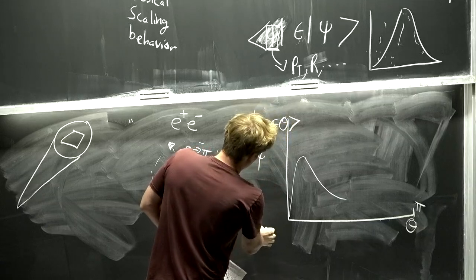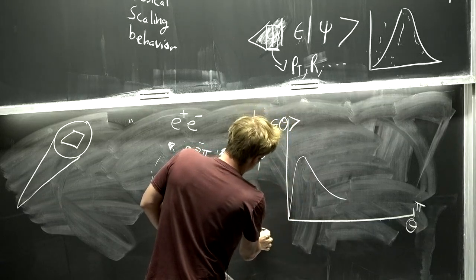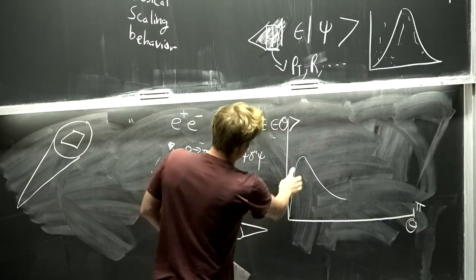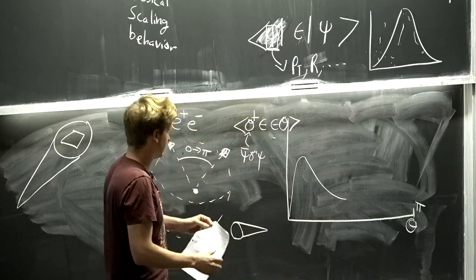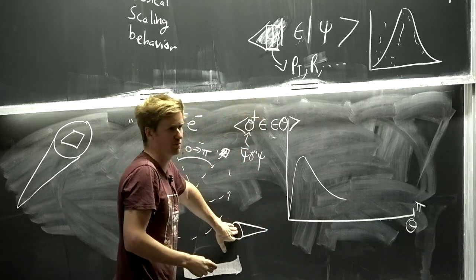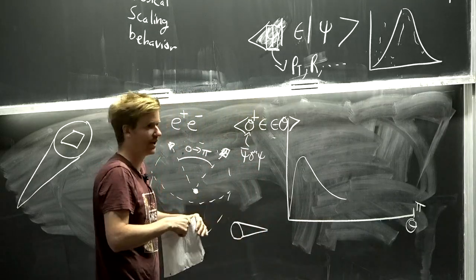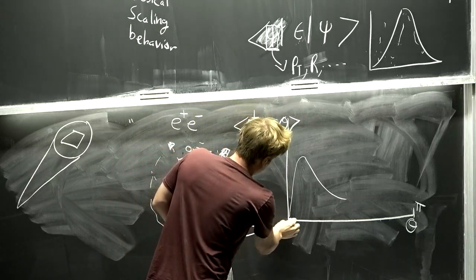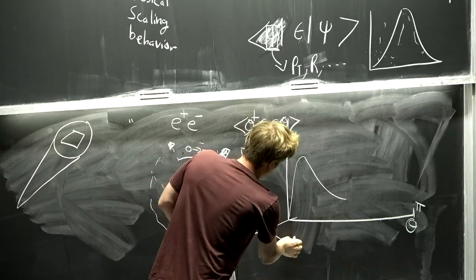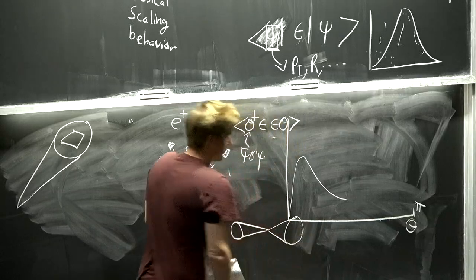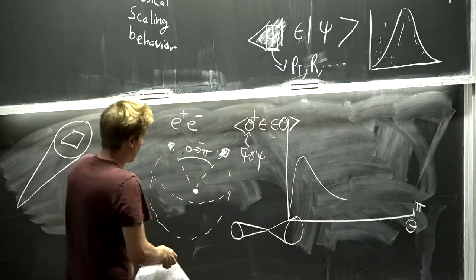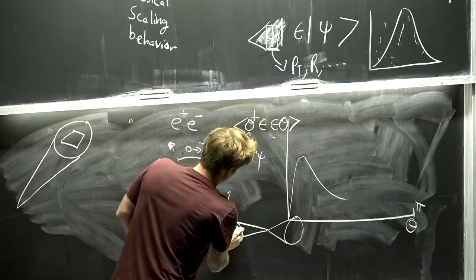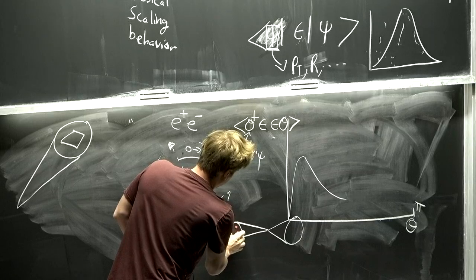So one way of thinking about what this is doing is it's saying the fact that I have some collinear singularity here is saying that I have essentially jet-like behavior, so things like to be collimated. And so if I have an E plus E minus collision, I'll essentially have kind of two back-to-back jets coming out like this. And so this side is when I have both of the detectors inside this jet.